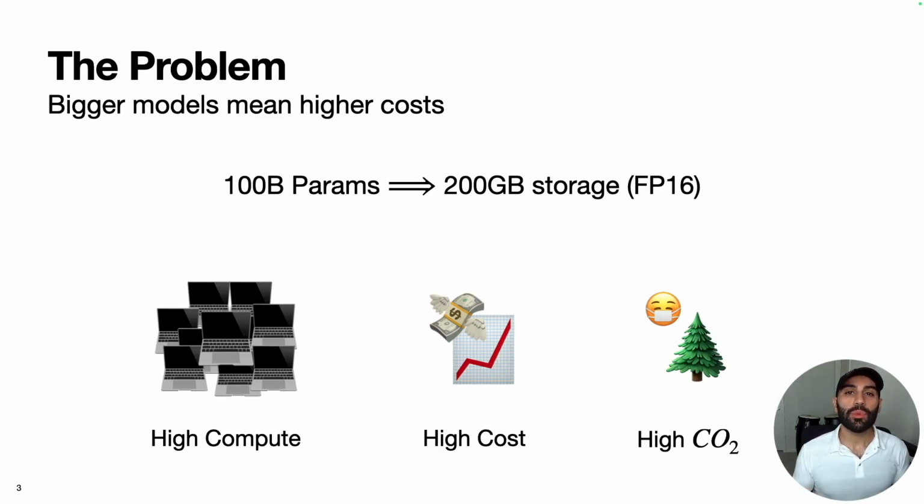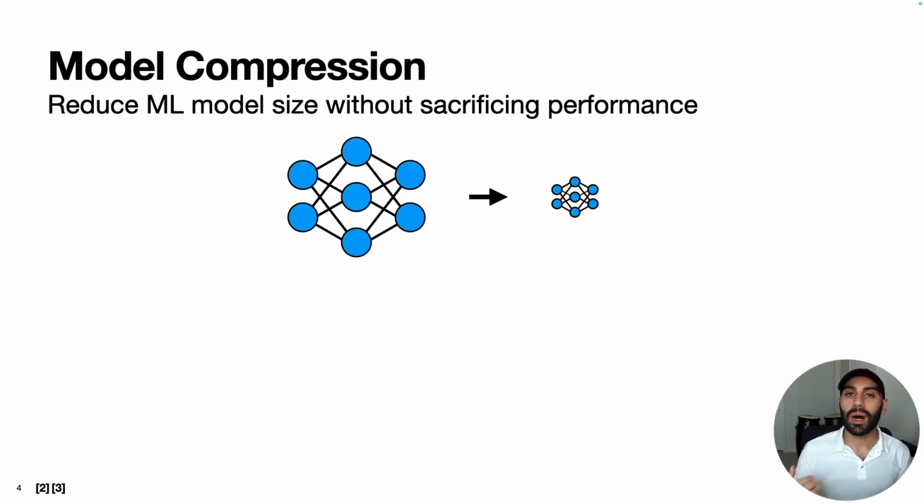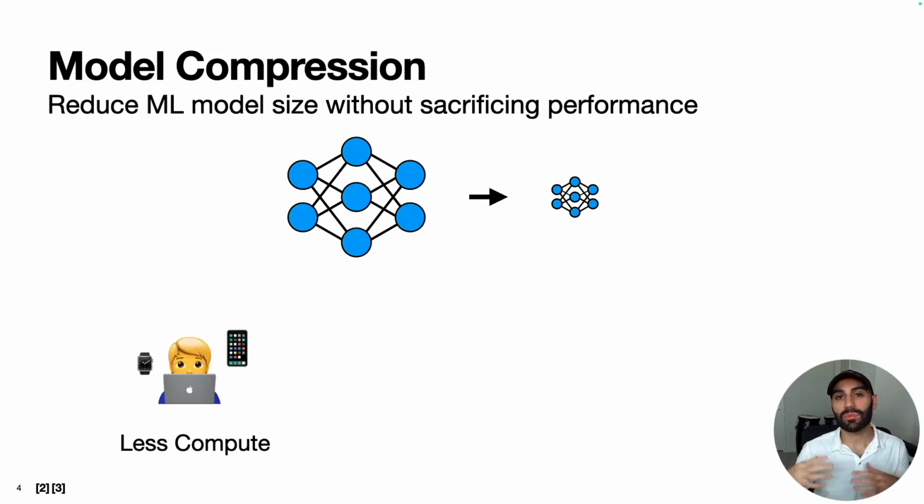But what if there was a way we could make these large scale models a lot smaller? This is the motivation of model compression, which aims to reduce the size of a machine learning model without sacrificing its performance. So if we're able to pull this off by taking a massive model and shrinking it down to a smaller model, this means we could run one of these models on our laptop or even on other devices like cell phones or smartwatches or other types of devices.